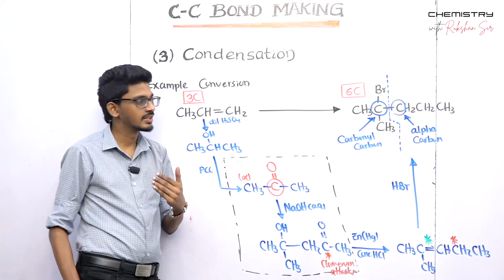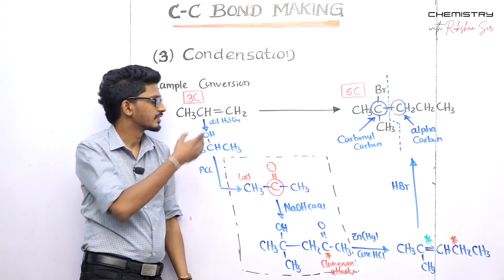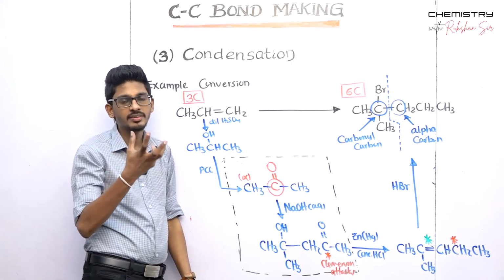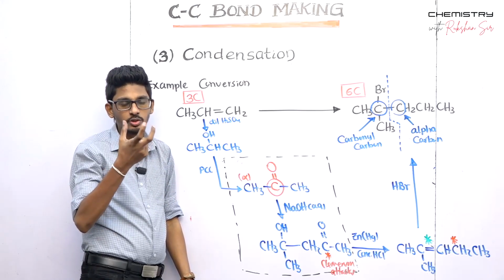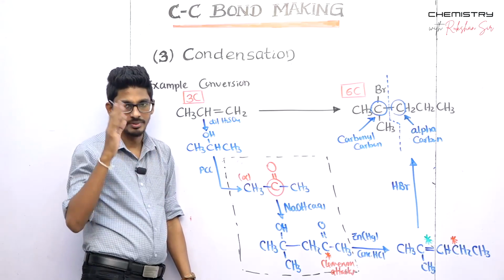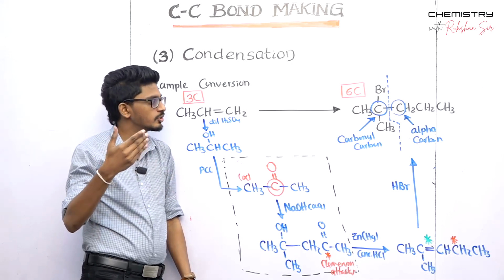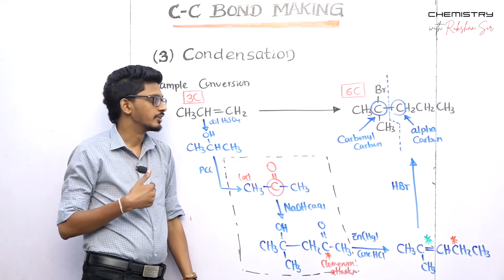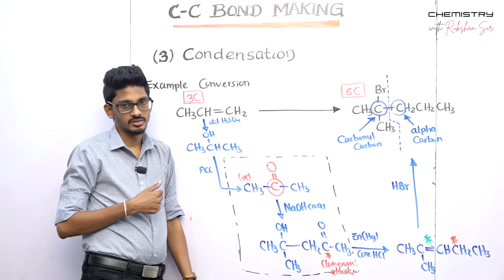So in your A-level question, if there is a question like this, to increase the carbon chain by more than 1 unit, and very limited steps are available, if they have restricted you to less than 6 steps, most probably it should be done through the aldol condensation.